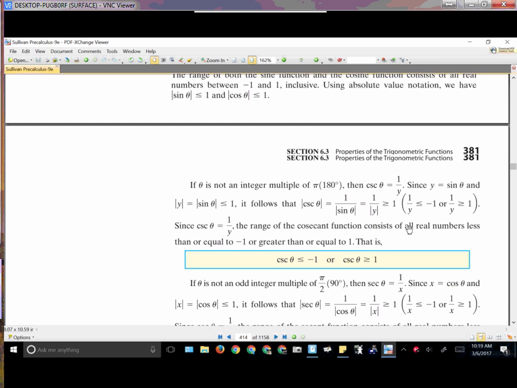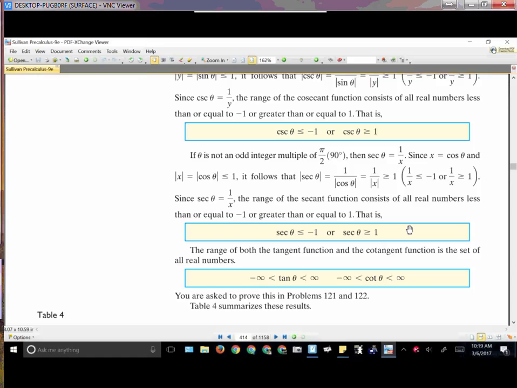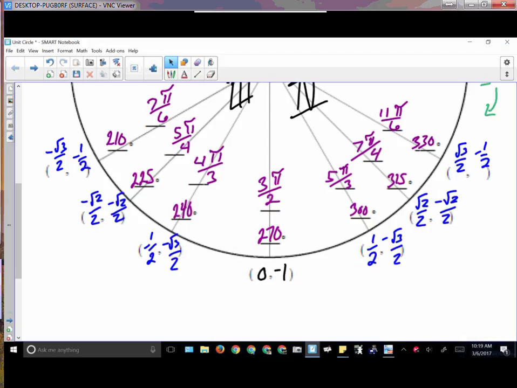So now when we get to cosecant and secant, things get a little stranger. Because cosecant is going to be less than negative 1 and greater than 1. Remember, cosecant is the inverse of which one? So it's a 1 over operation.